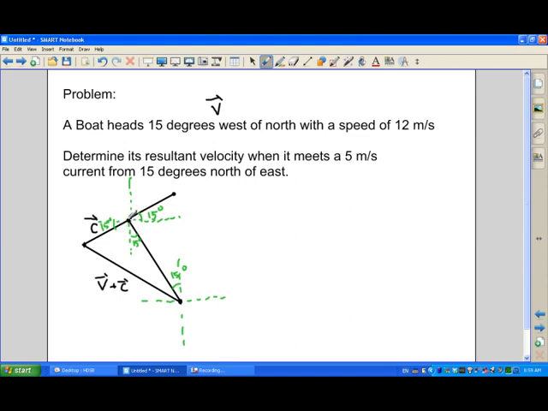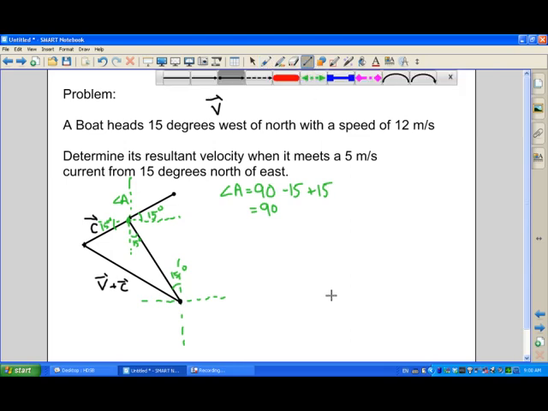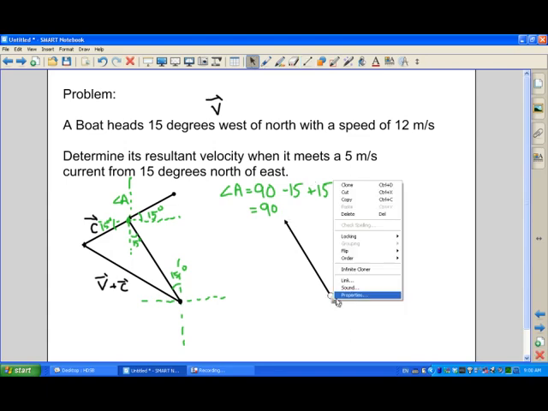So if I call this point angle A, it is going to be a 90-degree angle minus this 15-degree angle, so 90 minus 15, and then plus this 15-degree angle here. It just so works out that angle A is a perfect 90-degree angle. This is going to make our problem solving a little bit easier. Let me redraw this diagram without all the dotted lines.